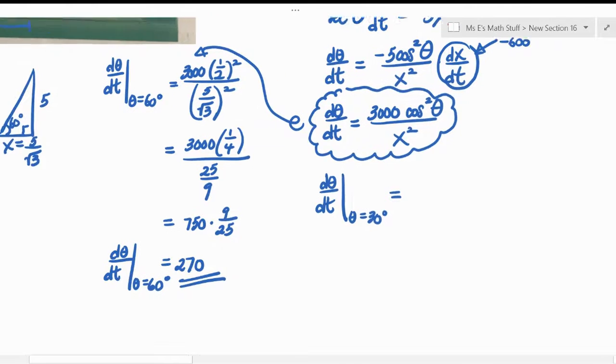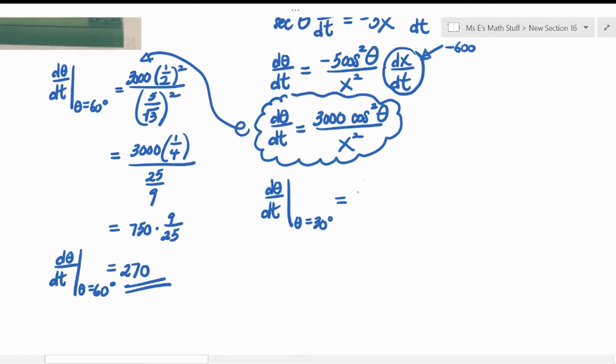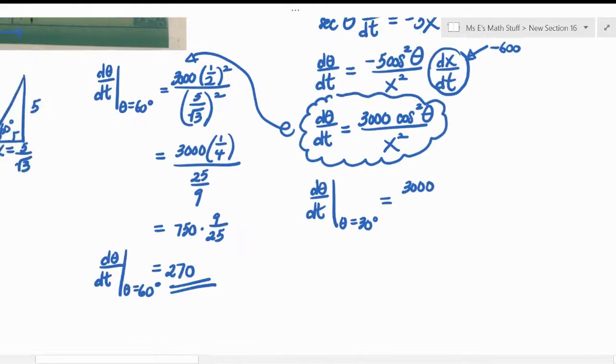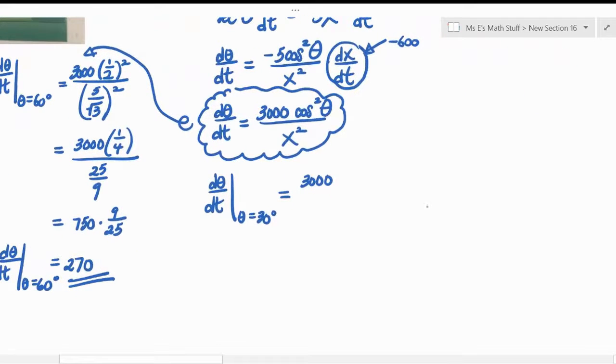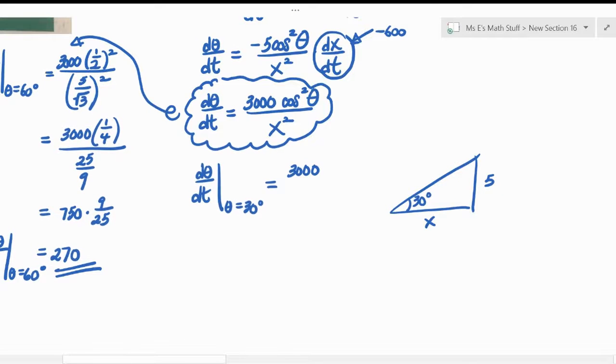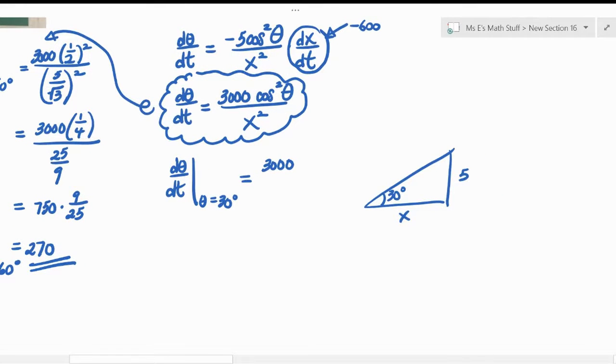Anyway, what would that be? You'd have 3,000, right? And now you'd have a right triangle that looks like this. Remember, this is 5 still. This is 30 degrees. There are different ways to figure this out, but you could figure out what x is by doing opposite over adjacent.